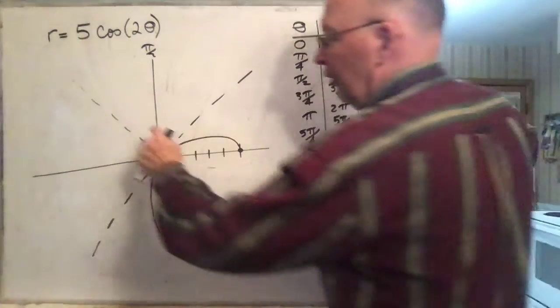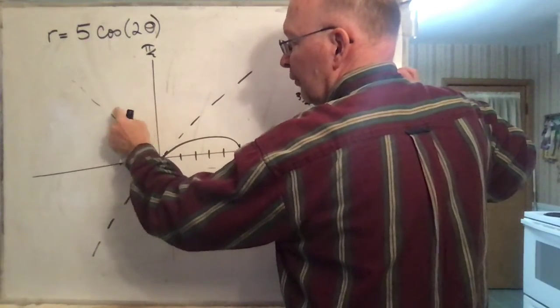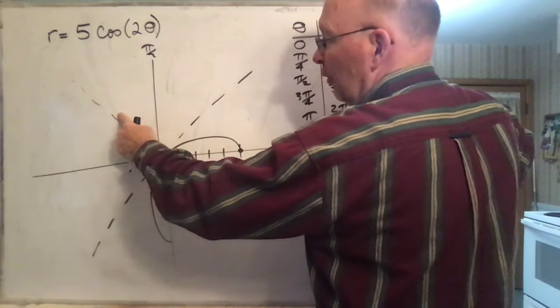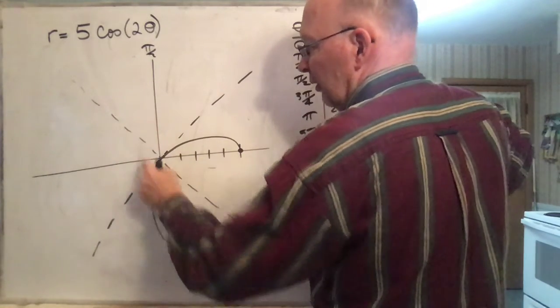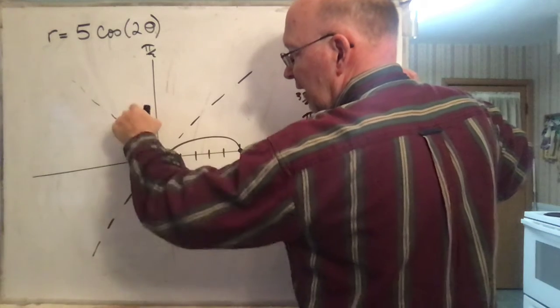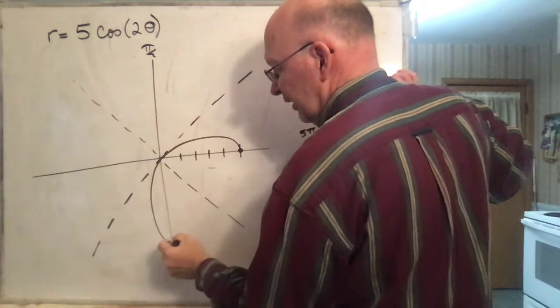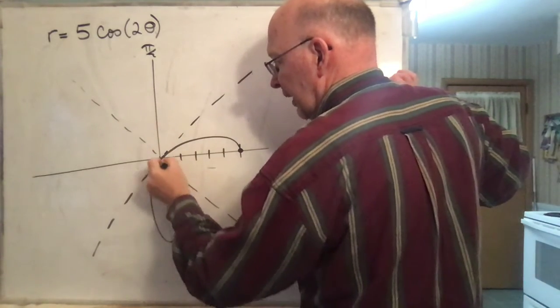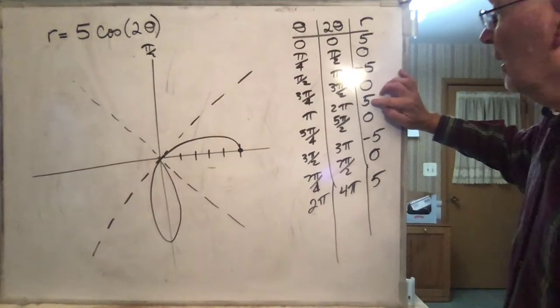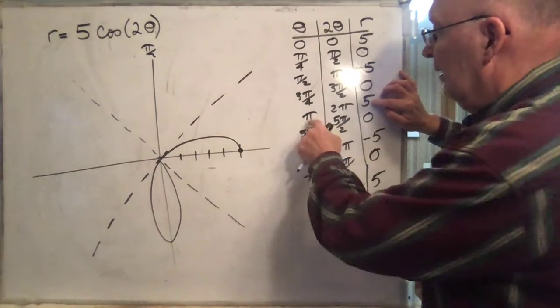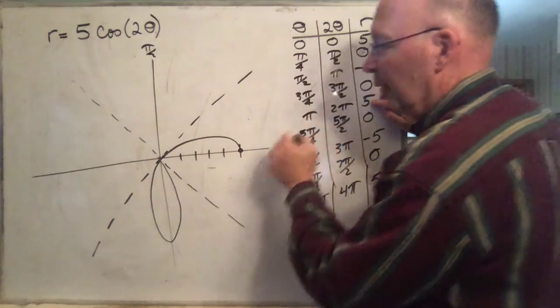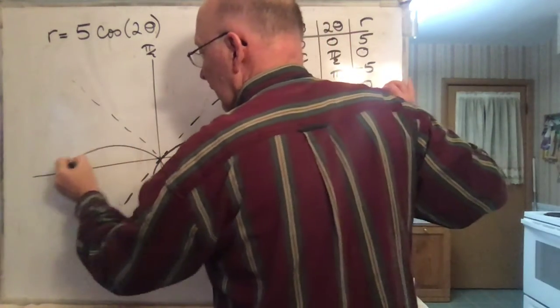Now, by the time you get to 3 pi over 4, which is right here, the radius goes back to 0. So it starts at -5, and it's going to be the negatives of all these, so it's going to start down there and go back to 0. Now, going to pi, the radius is going to go back to 5 again.